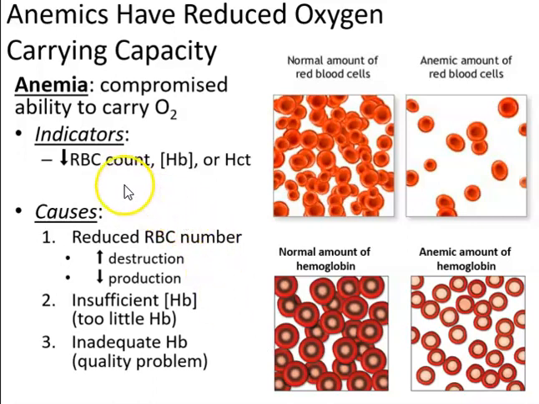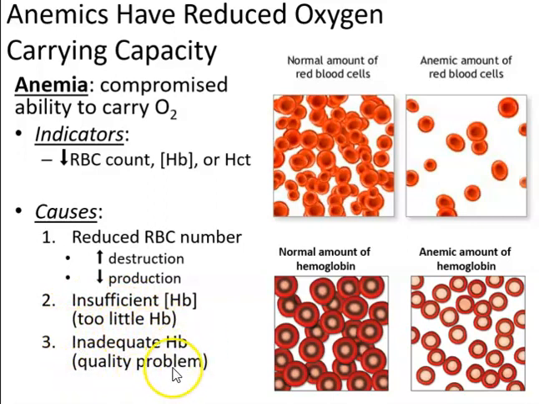So causes of anemia could be due to a reduced red blood cell number. This is usually due to an increased destruction, also possibly a decreased production of red blood cells. Also, we can have insufficient hemoglobin, meaning too little hemoglobin, or an inadequate hemoglobin.